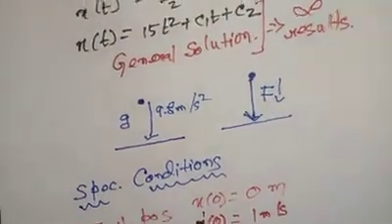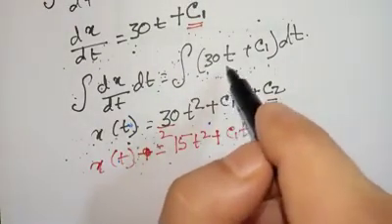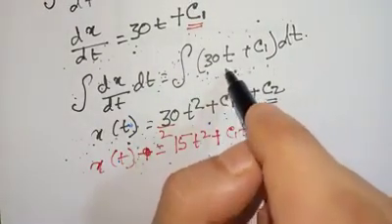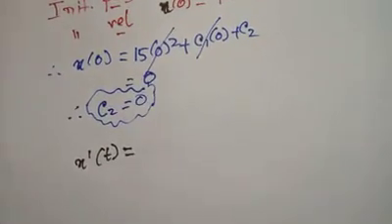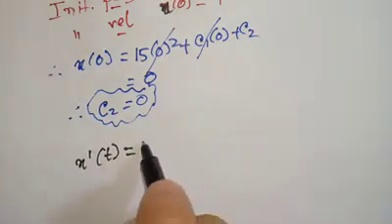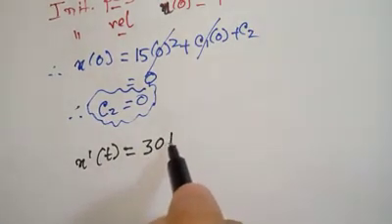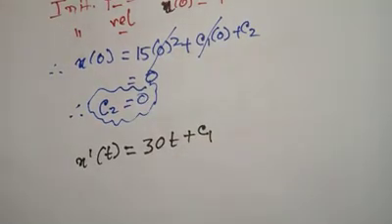This one we have already found, 30t plus c1. So from here we substitute the values, and from x prime of t we get 30t plus c1, right?